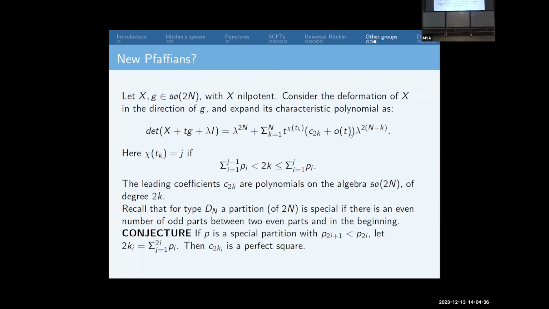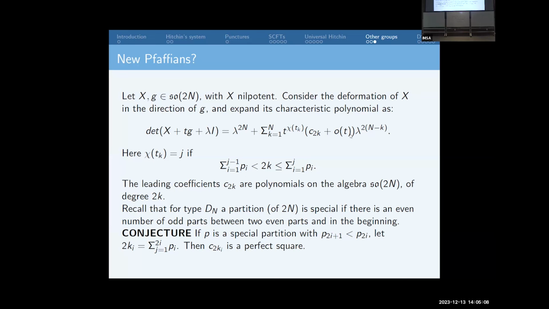So the conjecture is if p is a special partition, in the sense that the sequence of parts has a jump, so p_{i+1} is actually less than p_i, then take the sum of the parts. The p's here are the parts of the partition and not the points. I just realized that I'm using p for two different things.